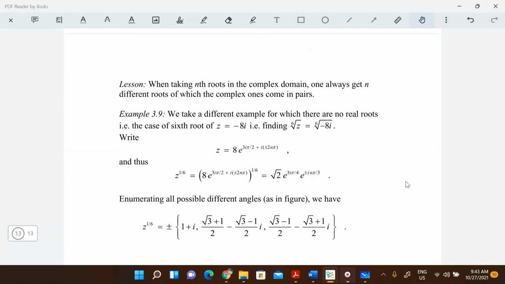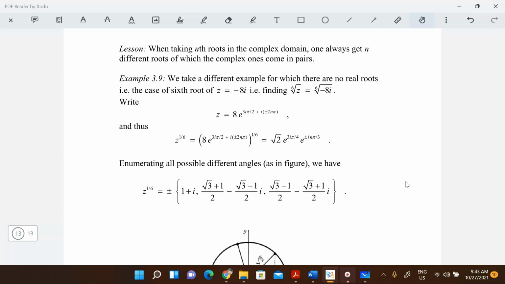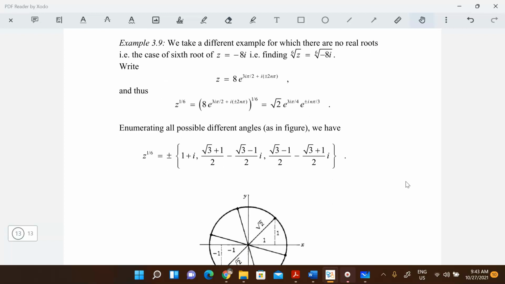This is what I mentioned just now: when you take the n-th root, we always get n different roots, with the complex roots being in pairs. Let's do a slightly more complicated one, where the number that you want to take the roots of is a complex number, given by minus 8i.